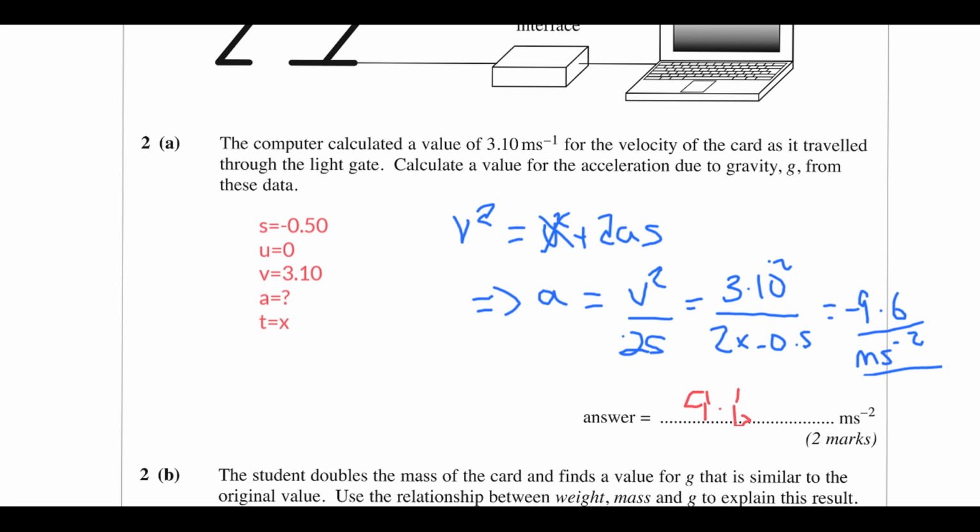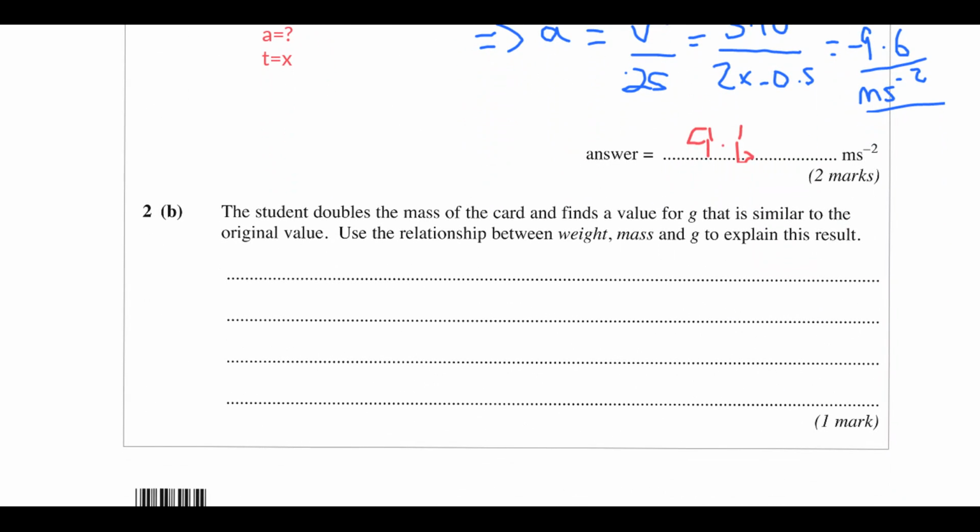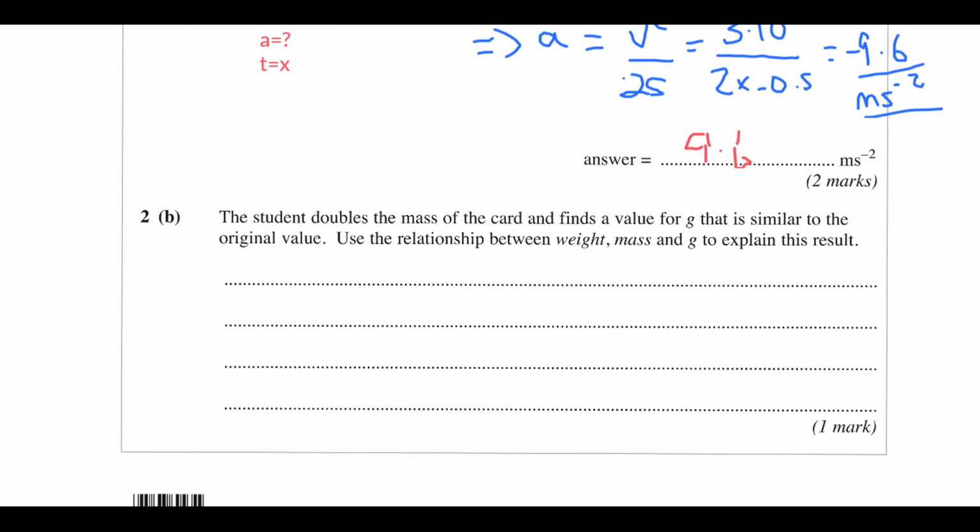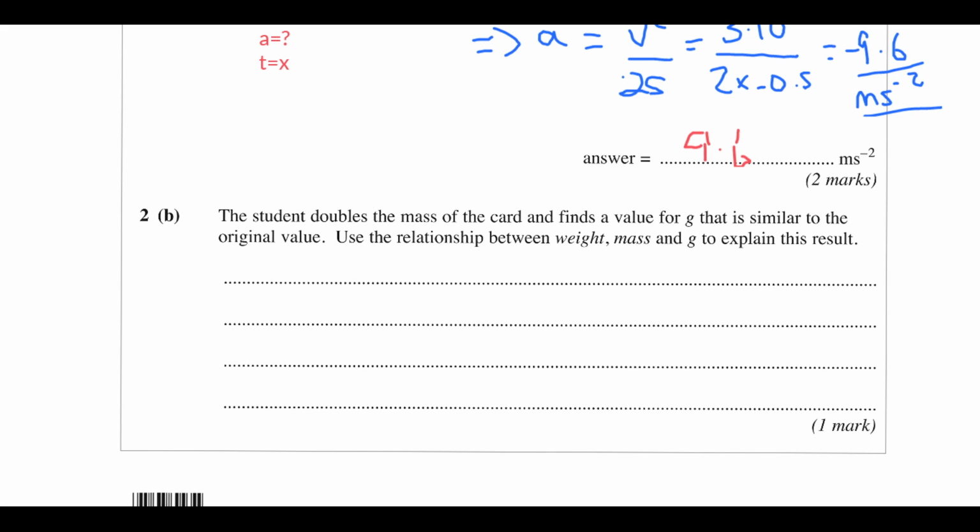Okay, so let's crack on. The student doubles the mass of the card and finds a value for g that is similar to the original value. Use the relationship between weight, mass and g to explain this result.